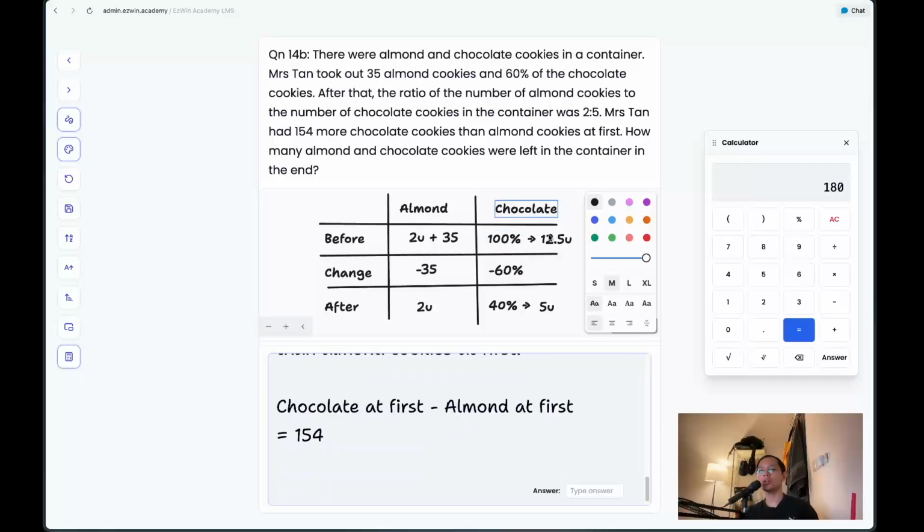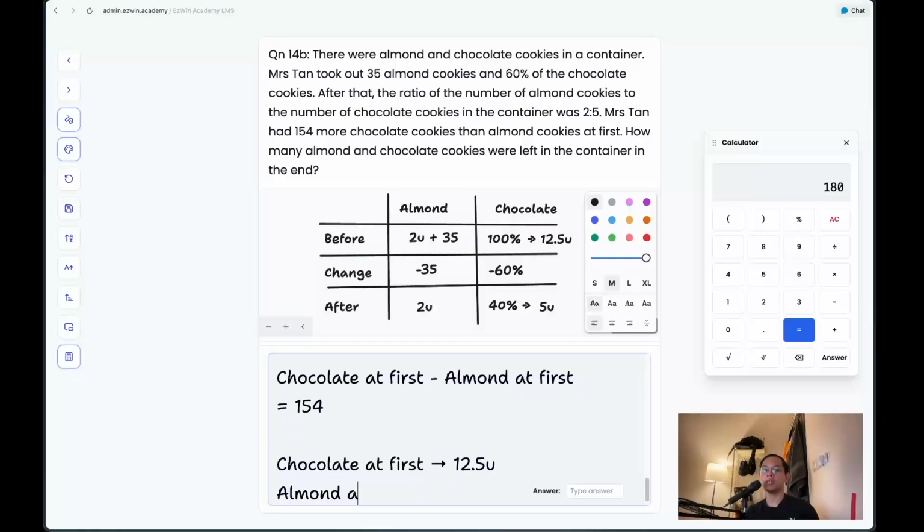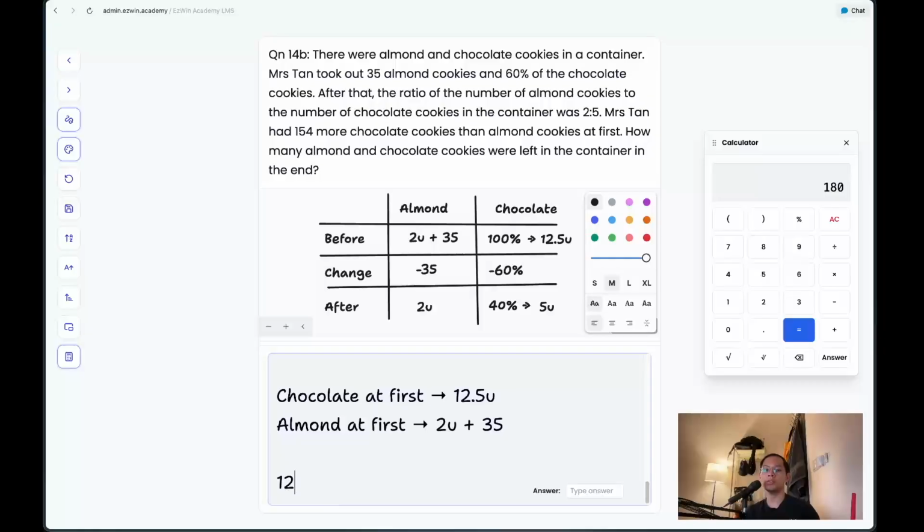Do we know the chocolate at first? Yes, we know. Chocolate at first is 12.5 units and almond at first is 2 units plus 35. So that means 12.5 units minus bracket 2 units plus 35, very important, equals 154.